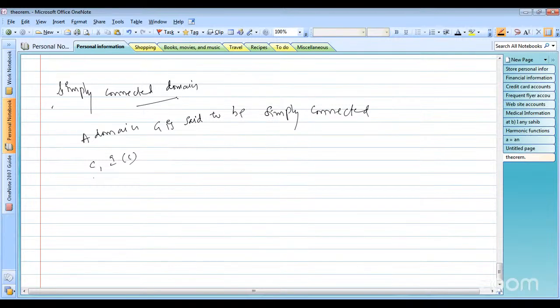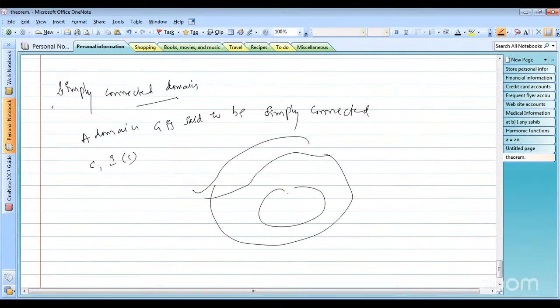Otherwise, G is said to be multiply connected. This is G in the complex plane, and this is a simply connected domain.